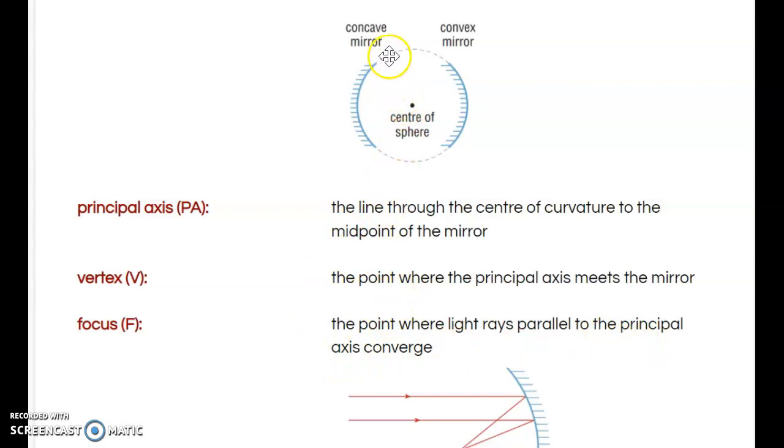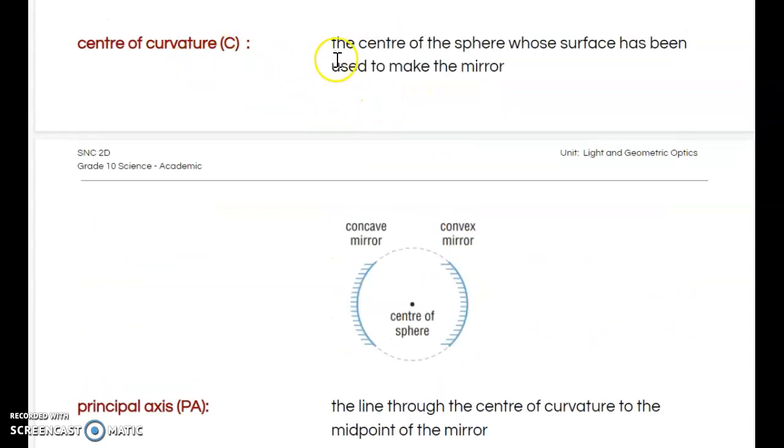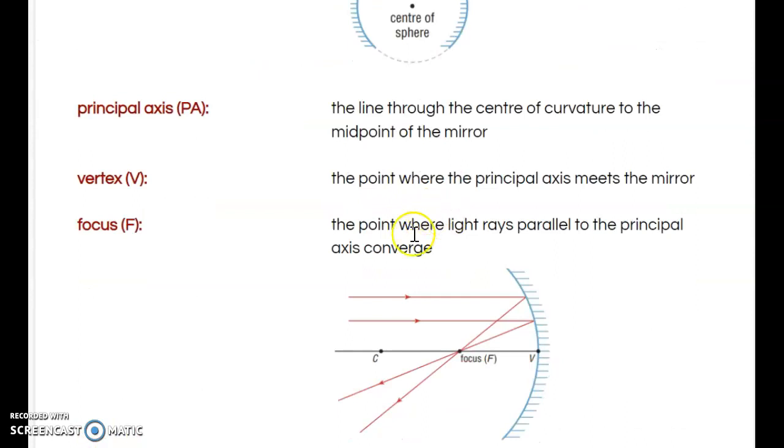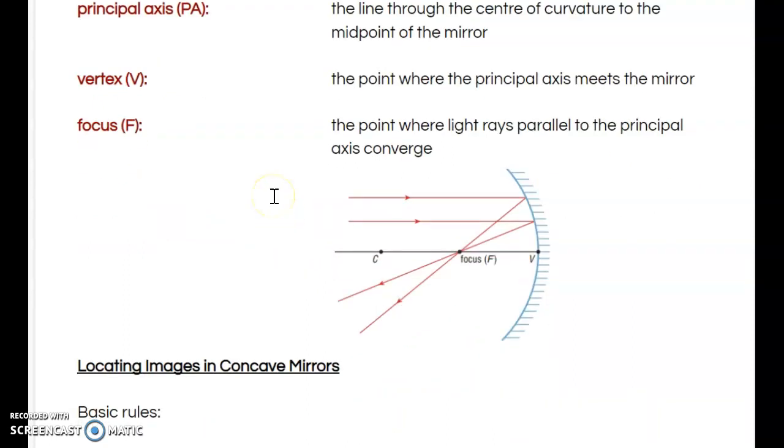Remember how I said you're looking at a concave mirror as a full circle. This would be the center of the sphere, and that is the center of curvature. The focus is the point at which all the light rays that run parallel to the principal axis actually converge.